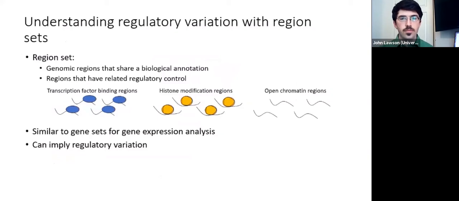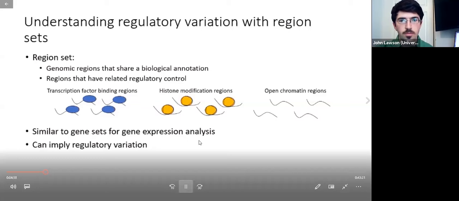This could be transcription factor binding regions, histone modification regions, or open chromatin regions in some cell type or disease state. And there's a similar concept to gene sets for gene expression analysis. And so the idea is, if we see epigenetic variation in a region set, that it can imply regulatory variation of that regulatory pathway or module.